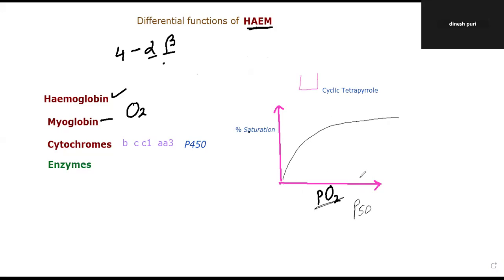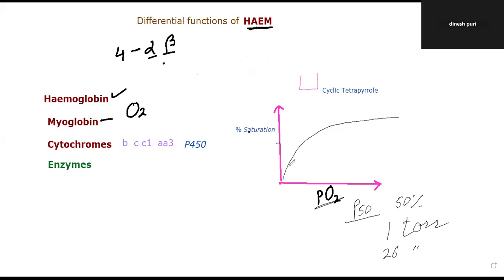On the x-axis is partial pressure of oxygen, on the y-axis is percentage saturation. P50 is the partial pressure at which it is 50% saturated, and that is very small, just about 1 torr. Whereas in the case of hemoglobin, it is 26 torr.